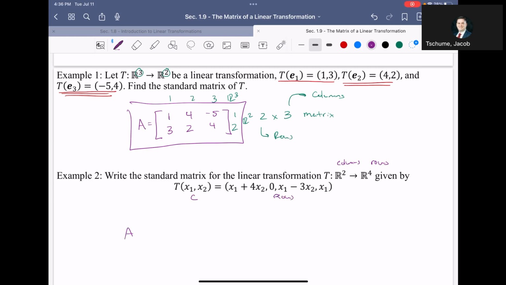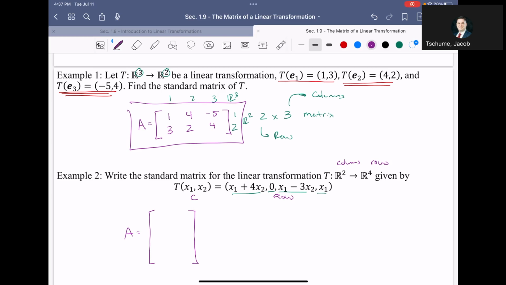So when I go to write my matrix A, I know that I'm going to only have 2 columns in this problem, but I need 4 rows. So I'm going to write a little bit of a longer matrix vertically for this problem. Each and every one of these 4 elements here give you the notation for the rows in your problem. So when it says x1 plus 4x2, the coefficients of those give you the first row of your matrix.